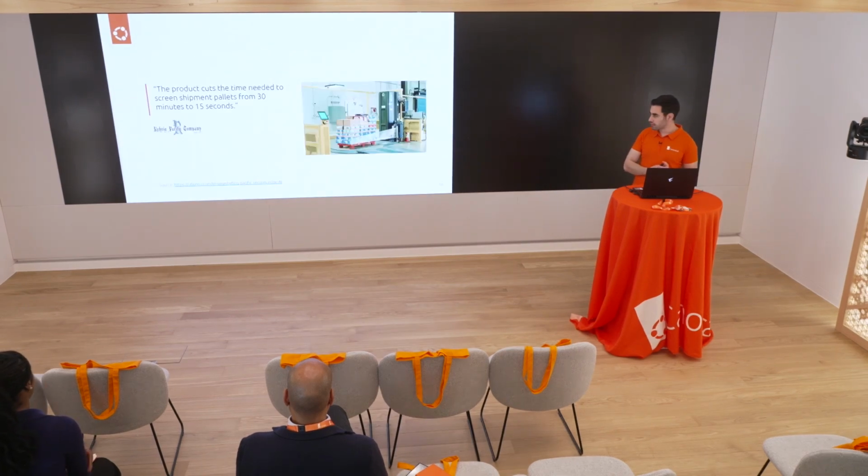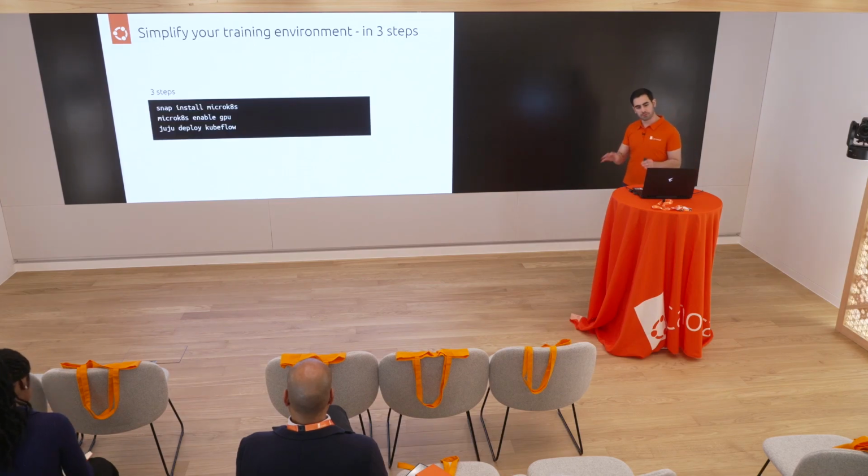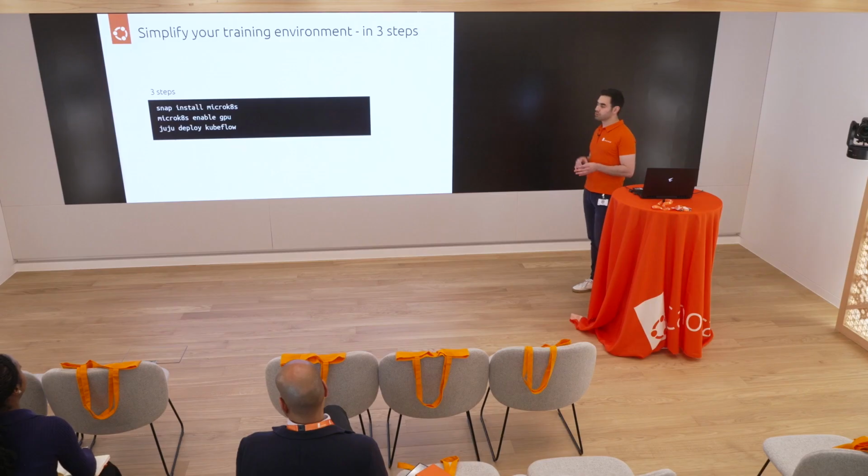So let's start with Ubuntu. Let's start with your training environment. What I want to spend some time on here is telling you three easy steps for you to come up with this cloud agnostic training environment that works anywhere, from public clouds to your own hardware that you have maybe here today with you, your laptops and so on.